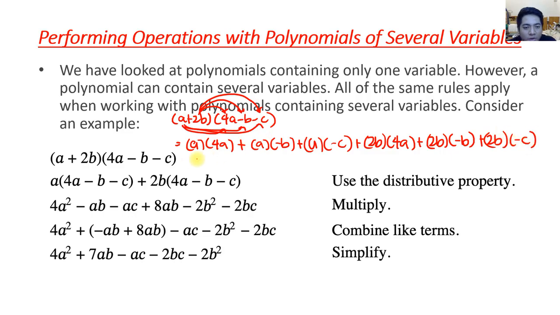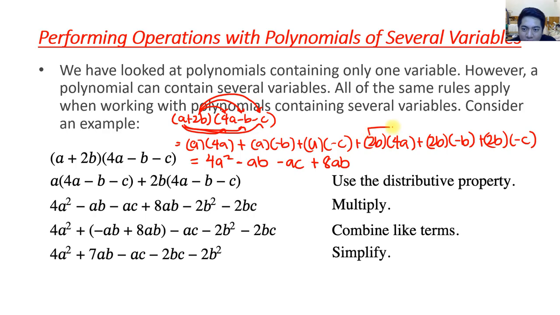Simplify. So a times 4a is 4a squared. A times negative b would be negative ab. Simply, we just multiply them with the sign. And then a times negative c would be negative ac. 2b times 4a would be positive what? 8ab.